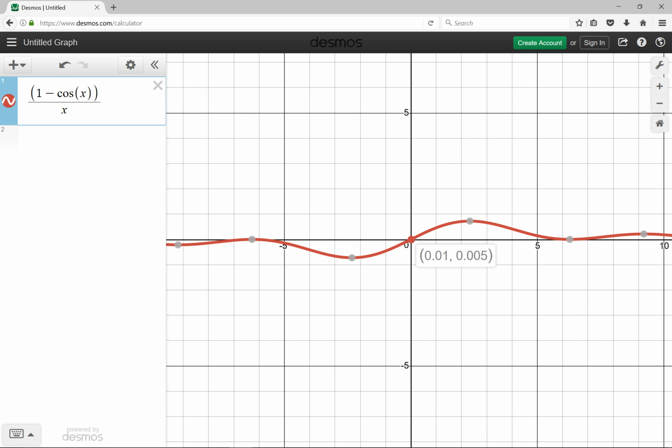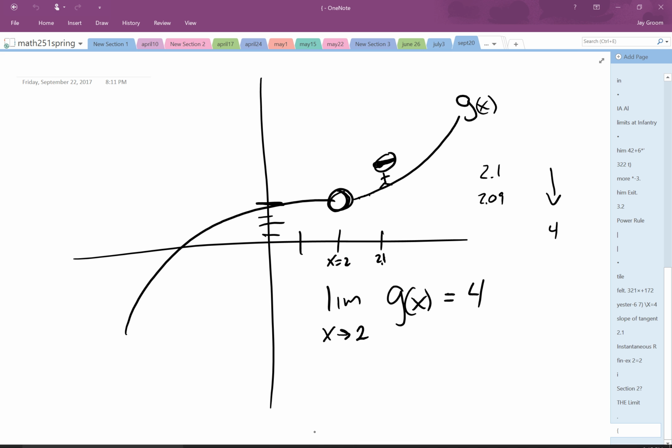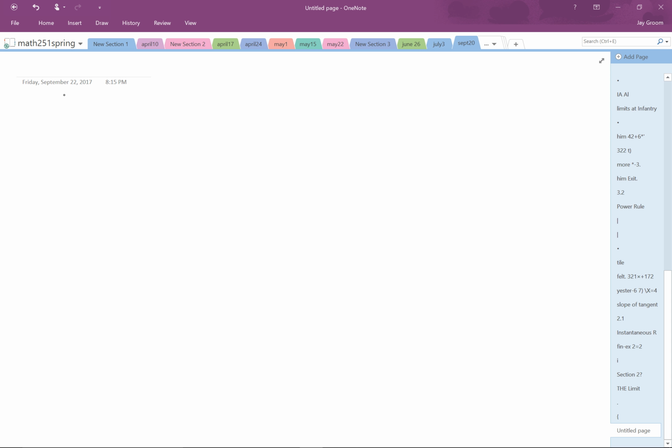So on this function, it looks like the limit as x approaches 0 of this function is 0. Written out, we would say that the limit as x approaches 0 of 1 minus the cosine of x over x is 0. Okay.